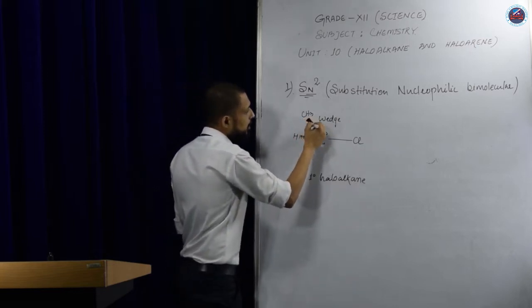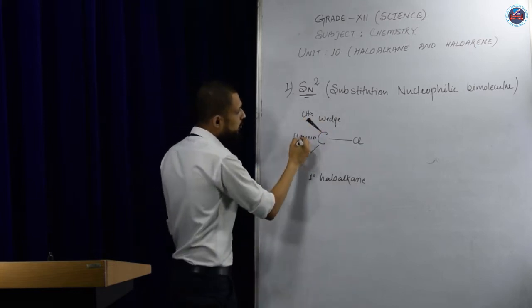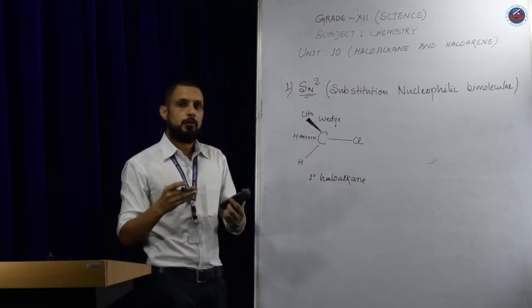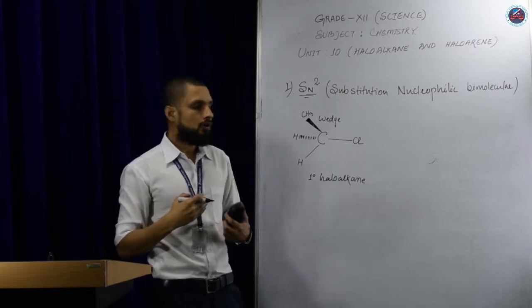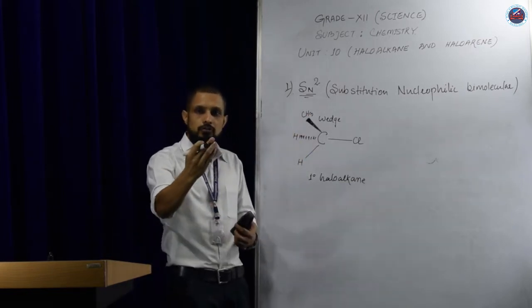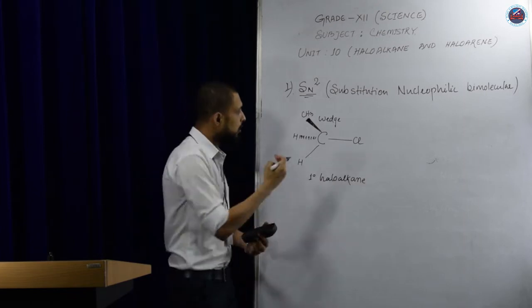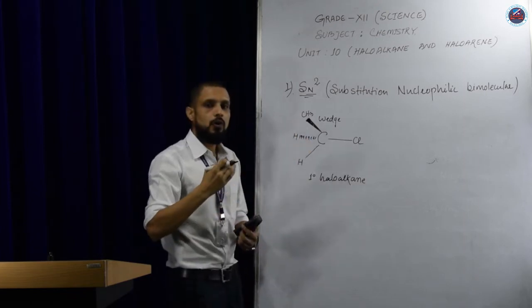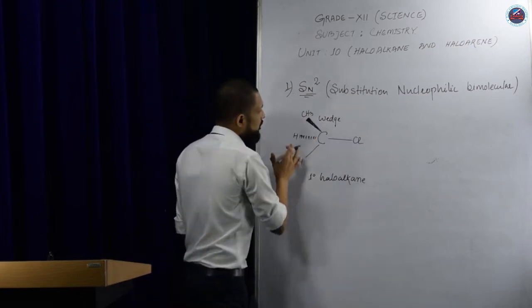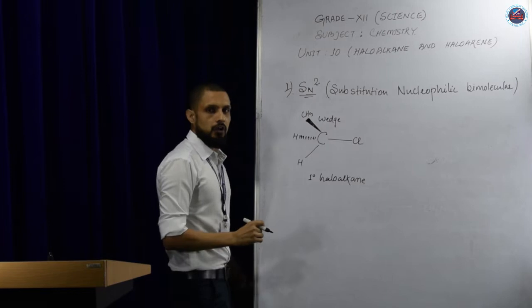This is above the plane and this is below the plane. Or if you consider an observer, say I am the observer, this bond will be facing toward the observer, whereas this bond will be away from the observer. So this is a three-dimensional representation of haloalkane.